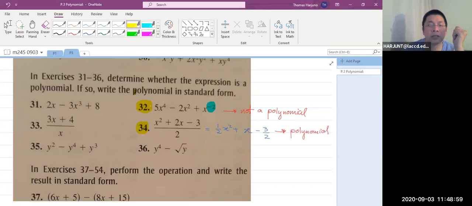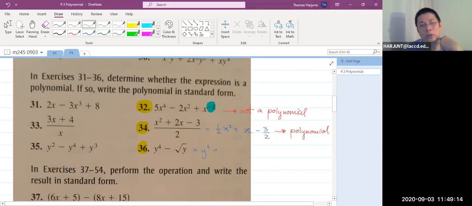Number 36. Is that a polynomial? So notice that y to the fourth, square root of y, you will see that's actually y to the power of 1/2. Because of that 1/2 exponent, the exponent is not an integer, so it is not a polynomial.